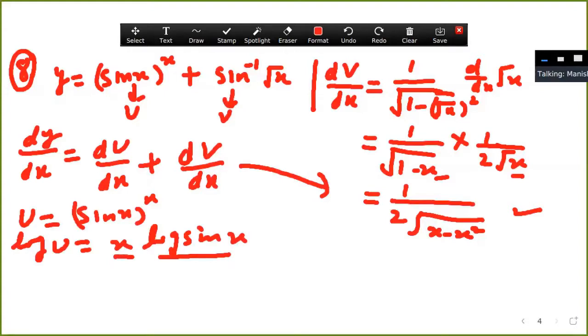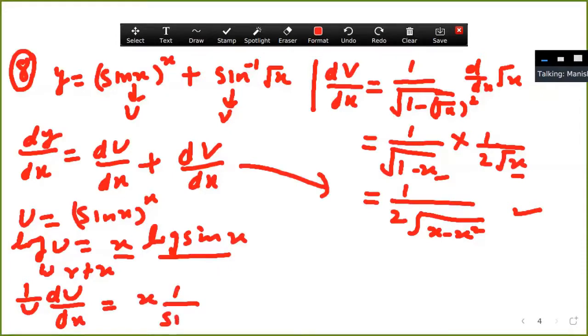Now derivative with respect to x. Always remember I'm talking about with respect to x. 1 upon u du upon dx is equal to x as it is. The derivative of log sine x is 1 upon sine x, and sine x derivative is cos x, plus log sine x as it is, and derivative of x is 1.